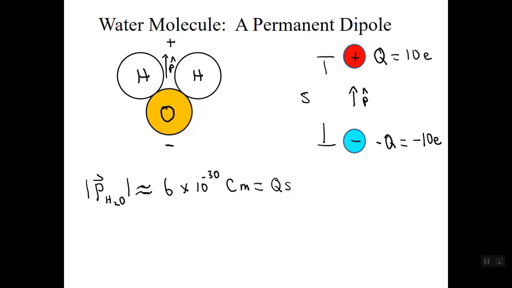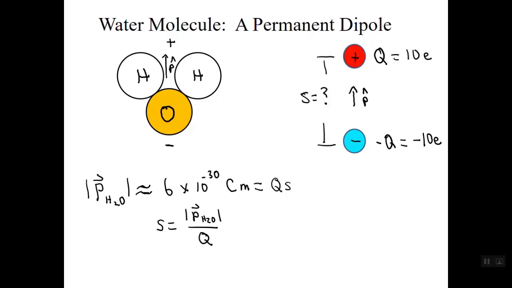For the water molecule, we can think of capital Q as equal to 10 times the elementary charge e, since there are a total of 10 protons and 10 electrons, where the magnitude of the charge on each proton or electron is equal to e = 1.6 × 10^-19 coulombs in SI units.